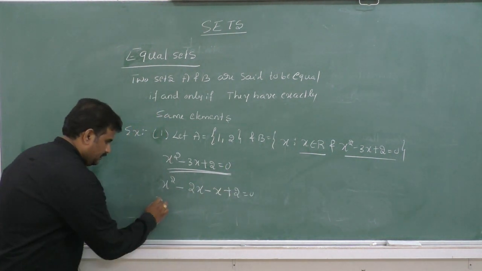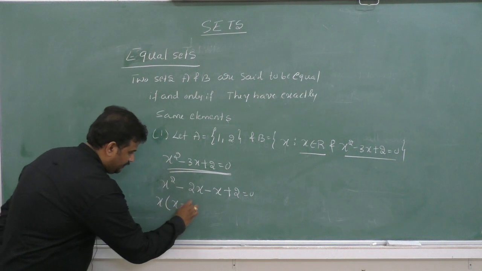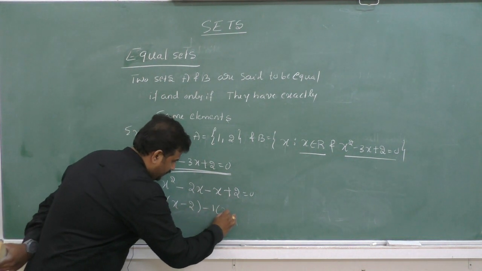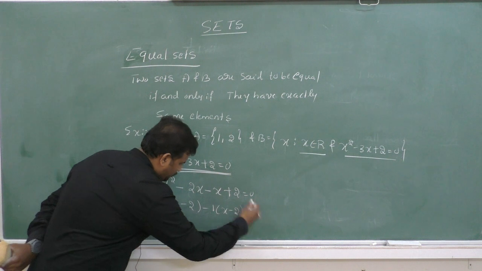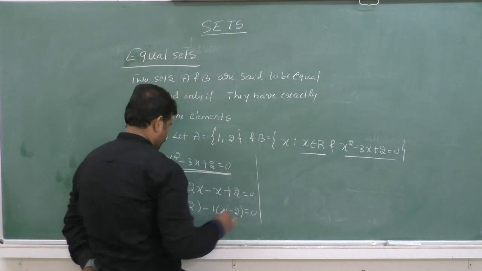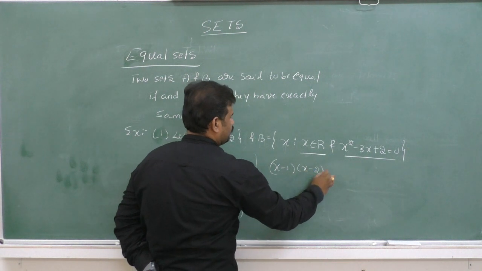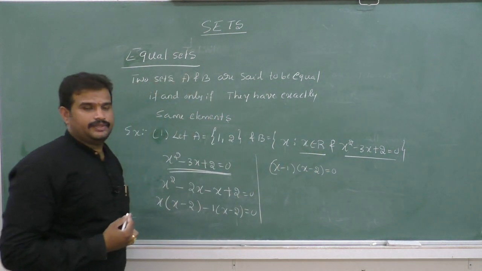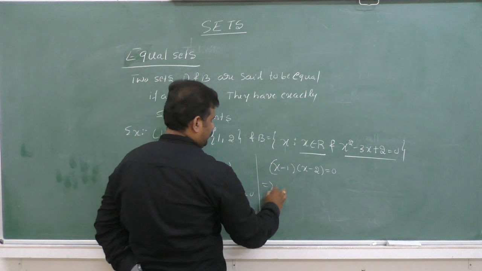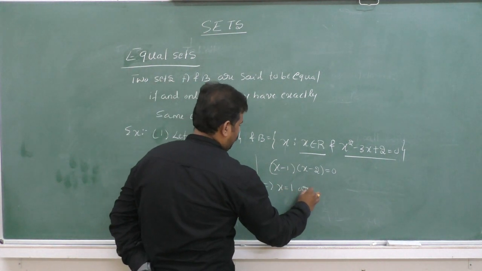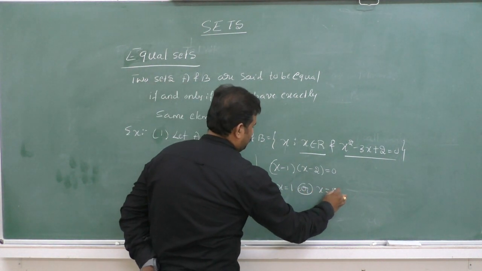So, you take x common, x into x minus 2, minus 1 into x minus 2 is equal to 0. So, x minus 1 into x minus 2 is equal to 0. So, clearly x is equal to 1 or x is equal to 2.